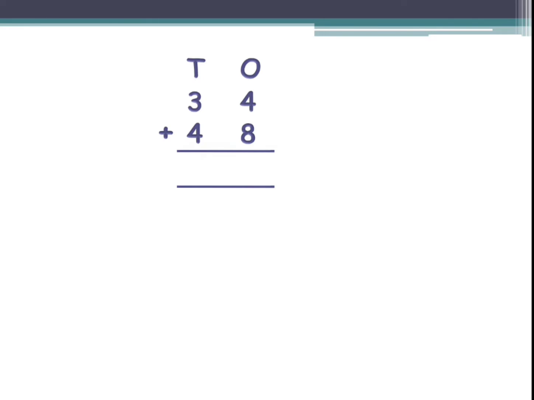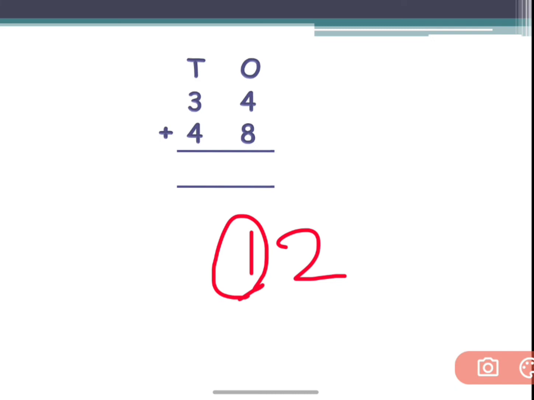4 plus 8. So 4 in your mind, 8 on your fingers. After 4: 5, 6, 7, 8, 9, 10, 11, 12. You got 12, isn't it? That means 1 ten and 2 ones.